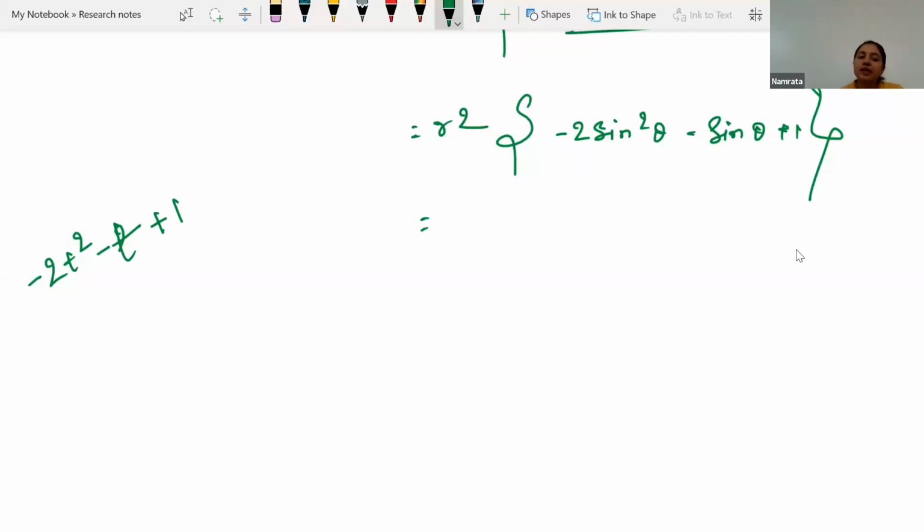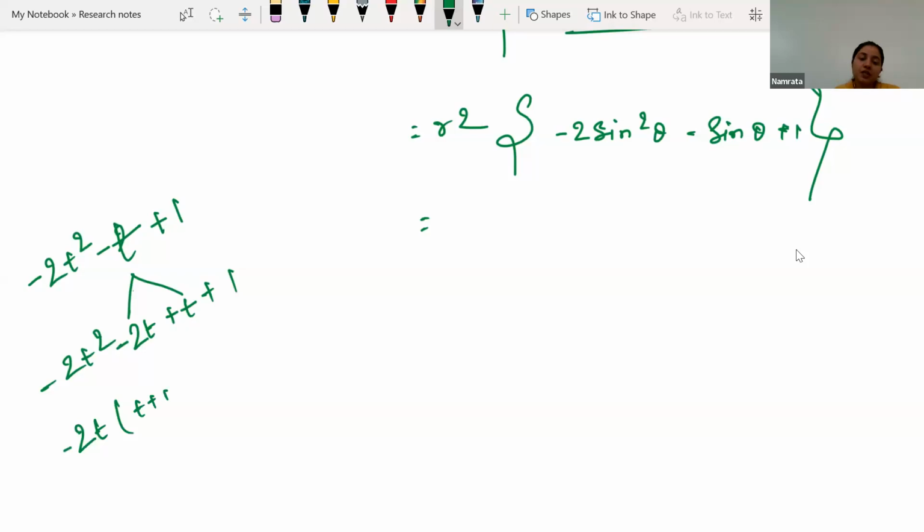If we factorize, it will be 2 times 1, so we can write it as 2t and t. Here we will write minus 2t plus t plus 1. This is how we can split the middle term. We need to take out common, so common will be minus 2t.